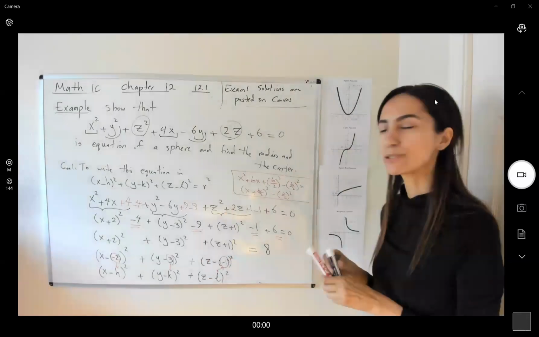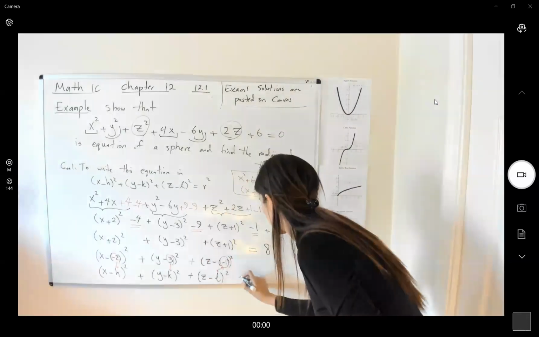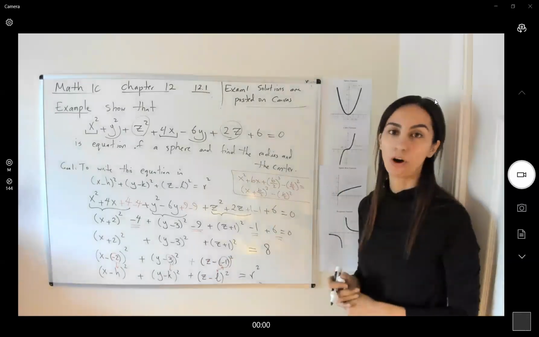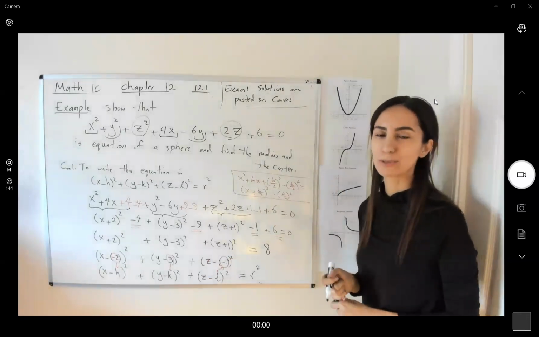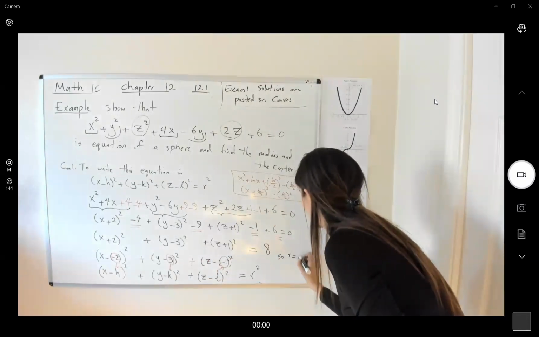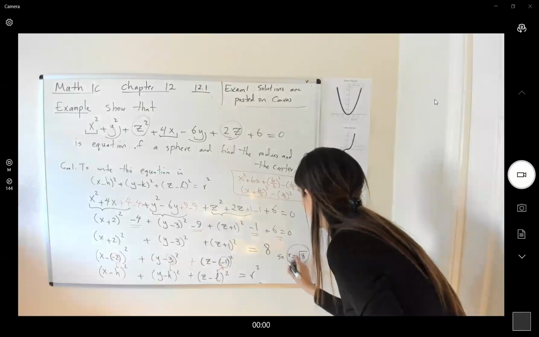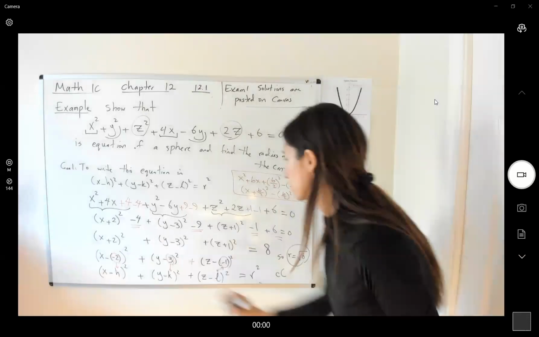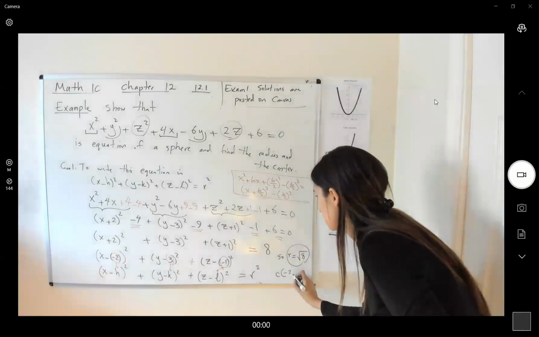Equals r squared. r squared is equal to 8. So r, the radius, is equal to the square root of 8. And the center, as we found, is (−2, 3, −1).